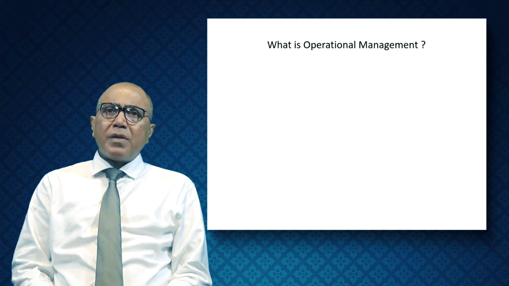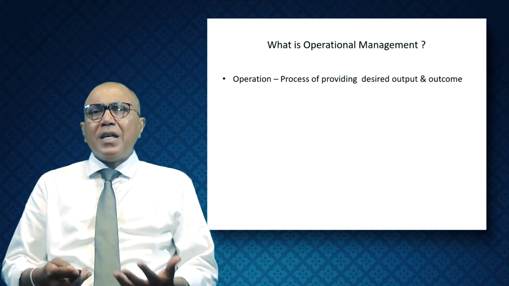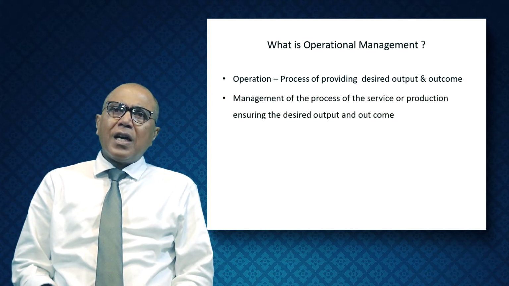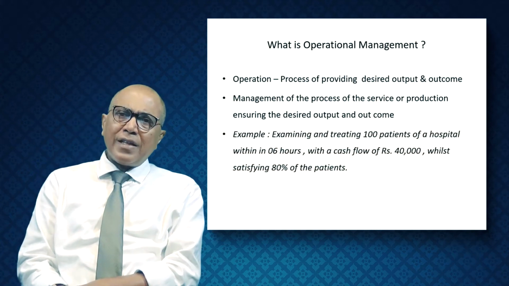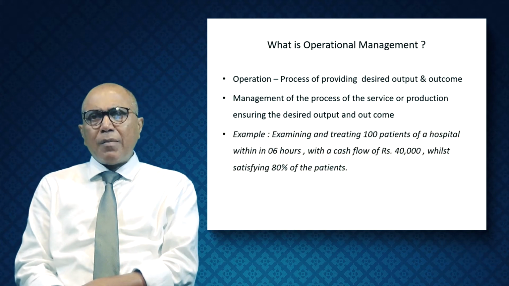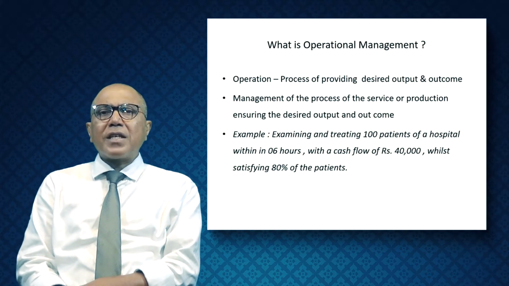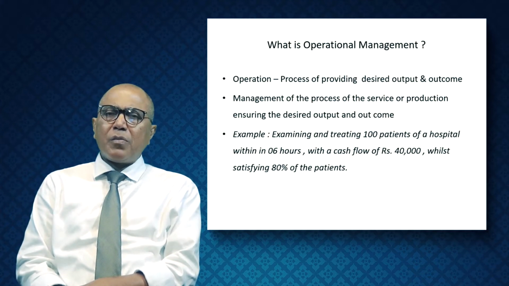If you look at operation management, it's the process of providing desired output and outcome from using resources, and there's input definitely, and there's the output. For example, examining and treating 100 patients in a hospital within 6 hours with a cash flow of 40,000 rupees whilst satisfying 85% of the patients.